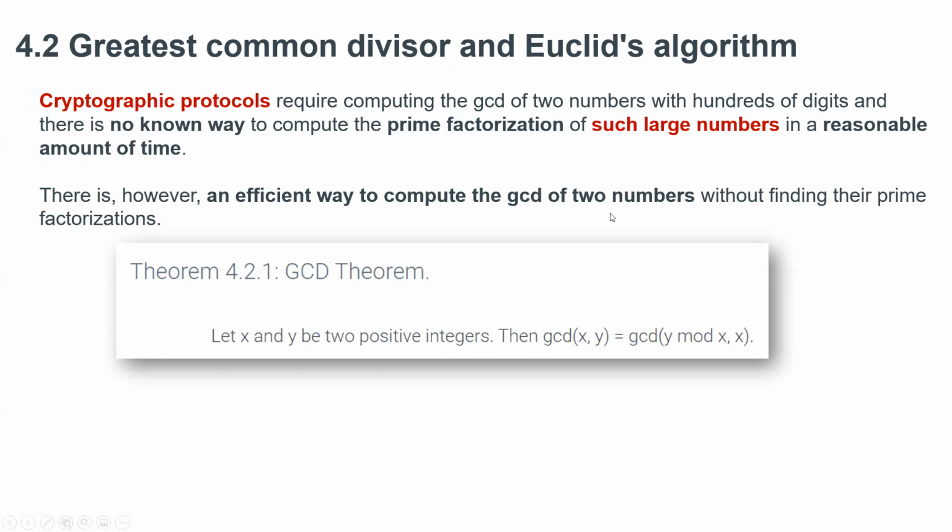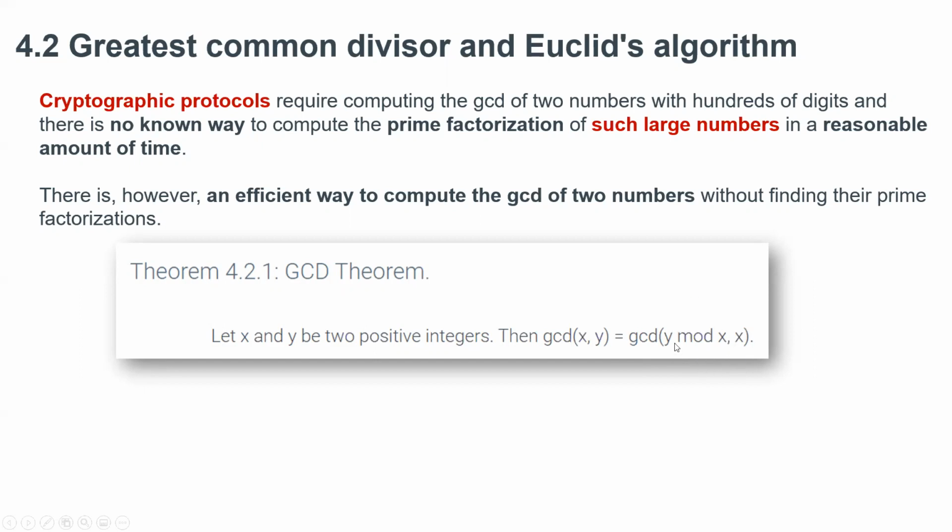Okay, so here's the theorem that we need in order to do this. It's called the GCD theorem. It says, let's start with two positive integers, X and Y. Then the GCD of those two numbers, X and Y, is the same GCD as we would get if we were finding the GCD of two other numbers.